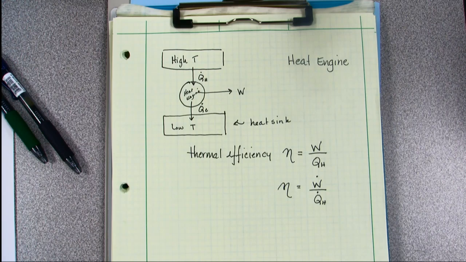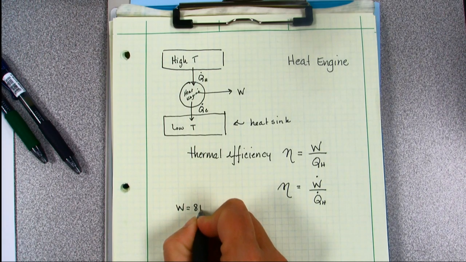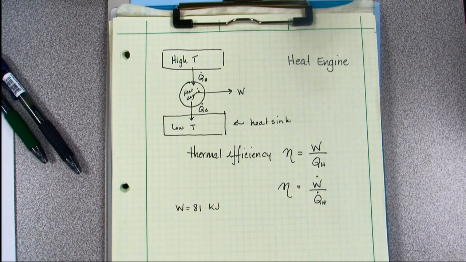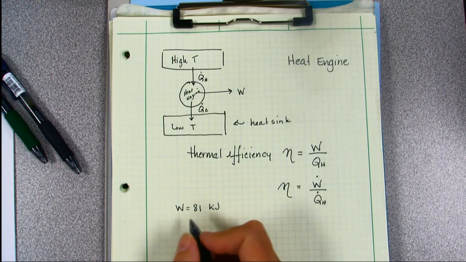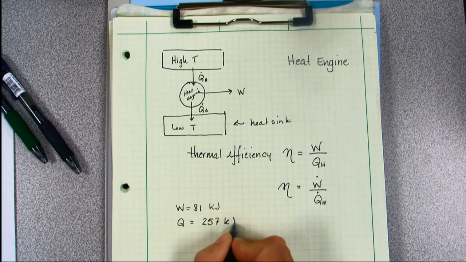One of the examples they give us: they get work while producing heat from a source, determine the efficiency. So we're going to start out with the net work generated in the cycle. The work is going to give us 81 kilojoules, and we're going to put in a heat input of 257 kilojoules.